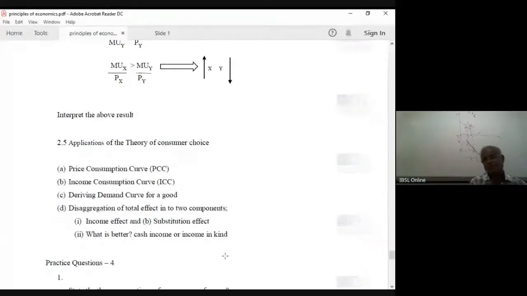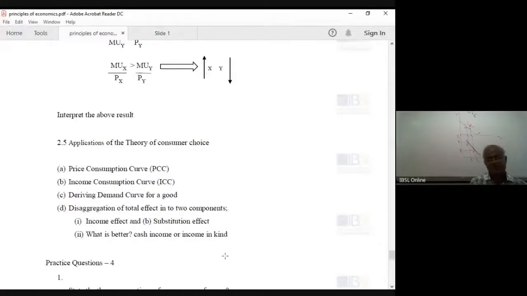Take down this small note about change in demand. Change in demand due to the change in real income alone is called the income effect.